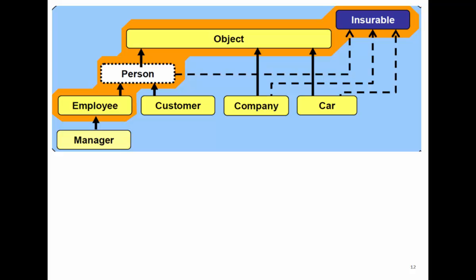Here, for example, we have Object, Person, Employee, Manager, Customer, Company, Car. All these classes implement the Insurable interface. So we can do typecasting from Employee to Insurable. Can we do that?